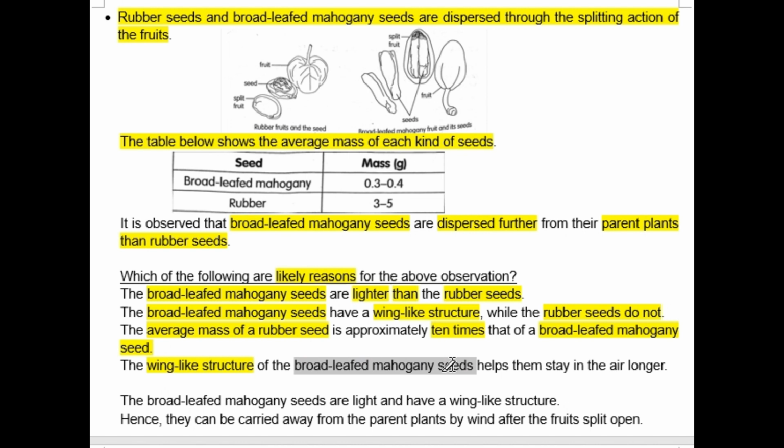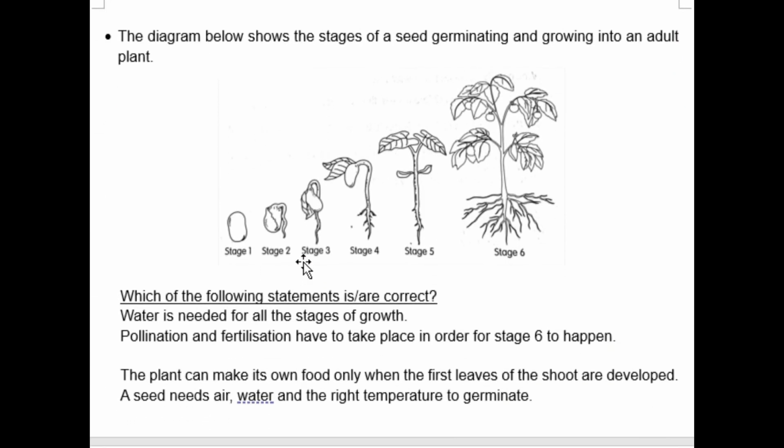The wing-like structure of the broadleaf mahogany seeds helps them stay in the air longer. The broadleaf mahogany seeds are light and have a wing-like structure. Hence, they can be carried away from the parent plants by wind after the fruits split open.